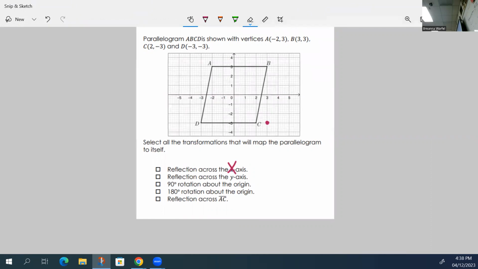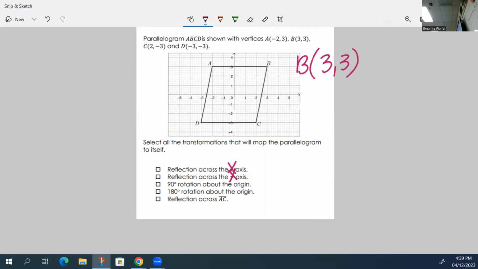Same thing with the y-axis. The y-axis does not split this in half, and so when you take B, if it's here, it's going to flip over to the -3. Once again, y-axis doesn't work. Then 90 degrees about the origin. You can pick a point. So let's look at B. B's ordered pair is 3, 3.